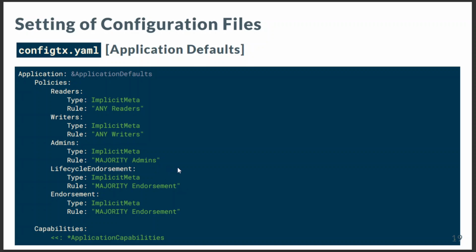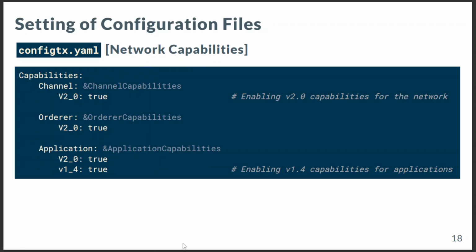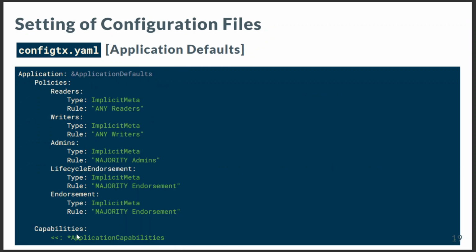Same for admins, majority admins. If the majority of admins agree on something, then only can it actually be allowed. This means that not just any one organization, but the majority of the admins across all of the organizations have to agree upon the value. And endorsement, majority endorsement. And finally, the capabilities, the application capabilities. So we actually add those application capabilities here.